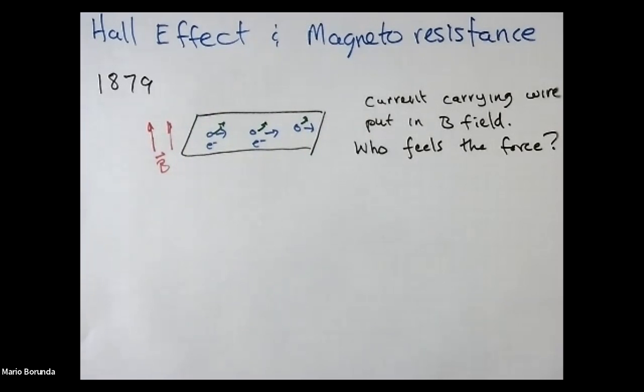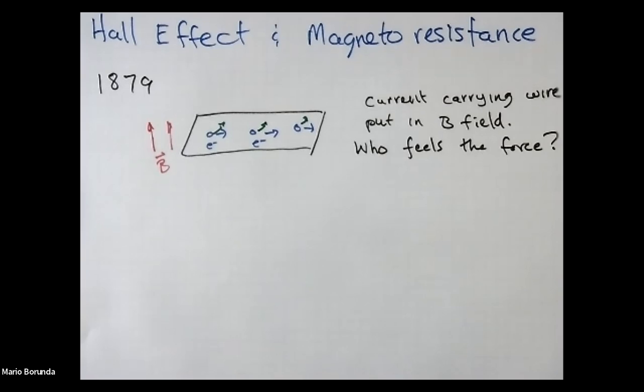He actually tried it. And he couldn't measure it because he didn't have the precision. I mean, it's 1879, right? There's no precision measurement. He didn't have a digital voltmeter back then.